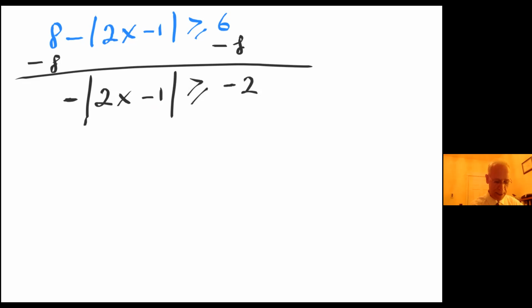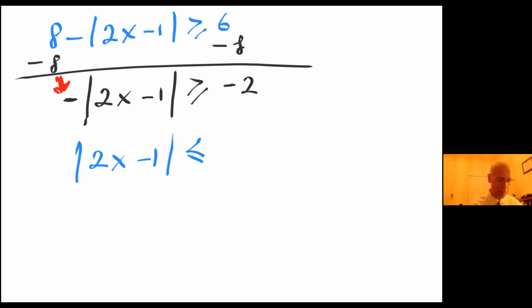Okay, so this negative out here is just like a -1 times that. So now I have to multiply both sides of this inequality by -1 to get rid of this negative in here. And remember that with inequalities, if you multiply or divide by a negative value, I must turn the sign around. It is absolutely necessary for me to do that.